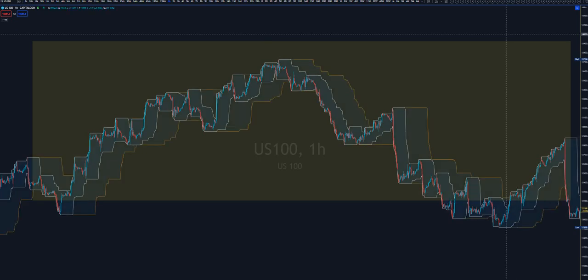Then the second idea is to add a second Donchian channel with 55, and we see that now this part has been eliminated. That means the trader would take the trend here and let it continue.